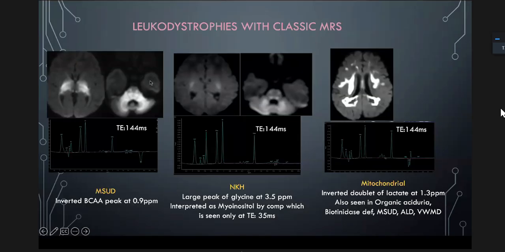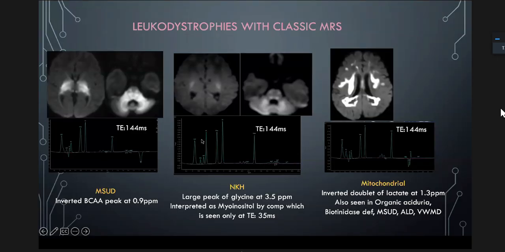Now, the classic MRS pattern is MSUD, where you see an inverted branched-chain amino acid peak at 0.9 ppm at intermediate TE. Then non-ketotic hyperglycinemia, you have to see the glycine peak at 3.5 ppm, and that peak will be at 144 milliseconds.